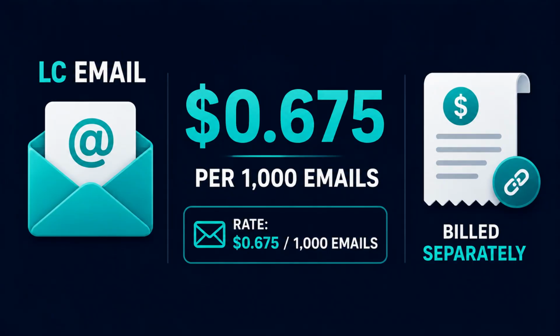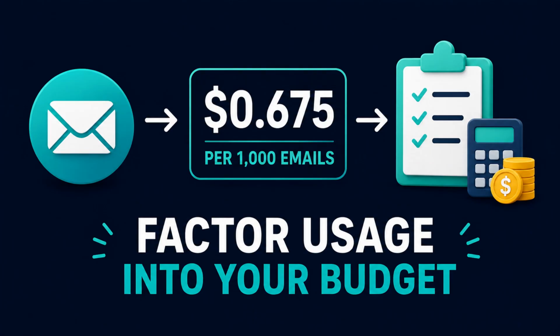If you're using LC email, the current rate is $0.675 per 1,000 emails, and that usage is charged separately from the subscription. So, if you're sending large volumes, factor that into your budget rather than assuming everything is included in your monthly plan. For a small business, that's probably not going to be the number that makes or breaks the decision.